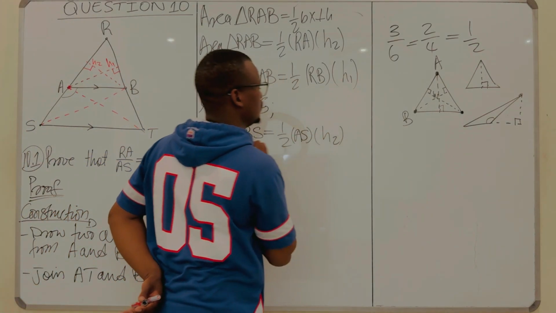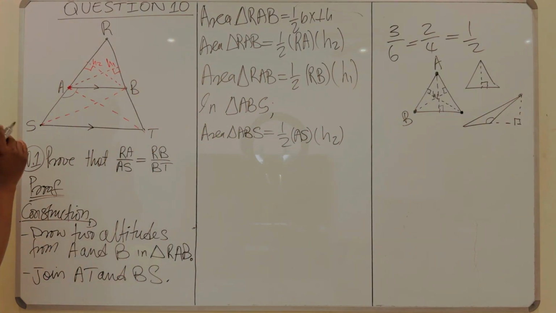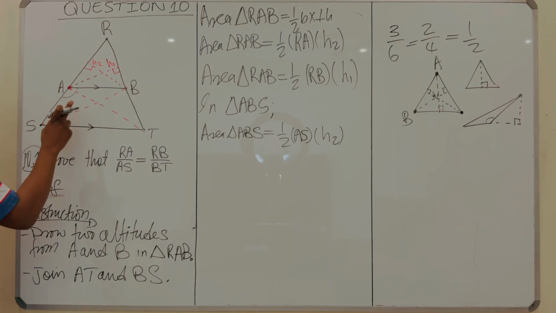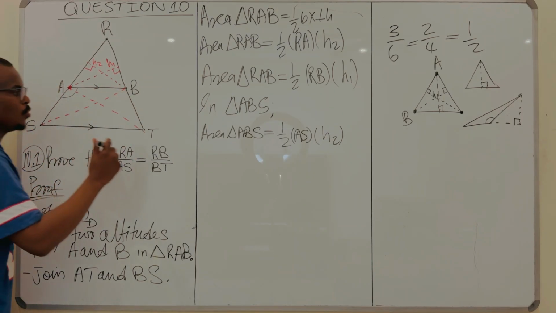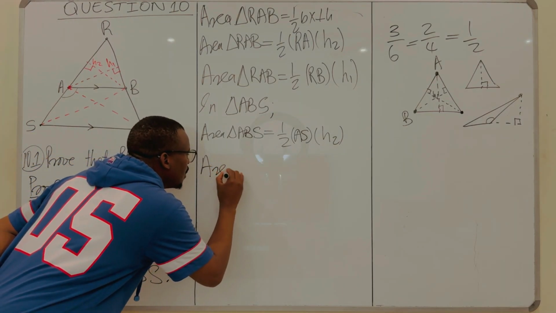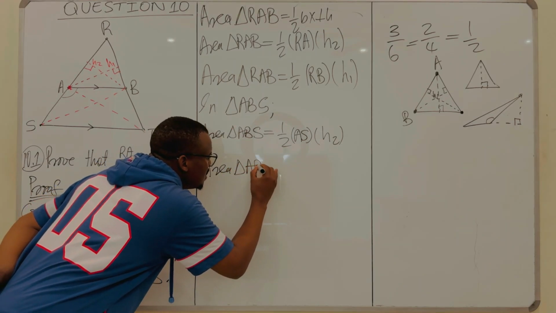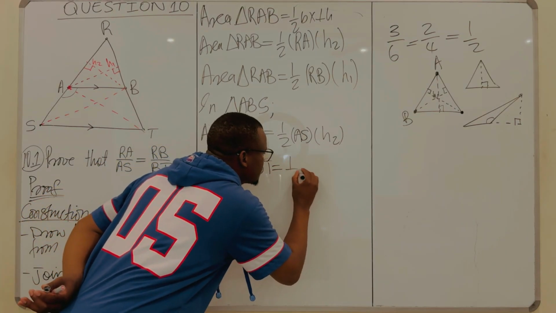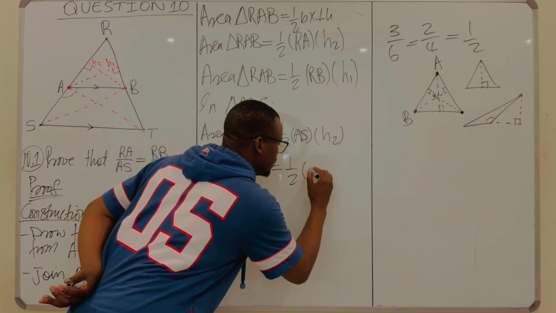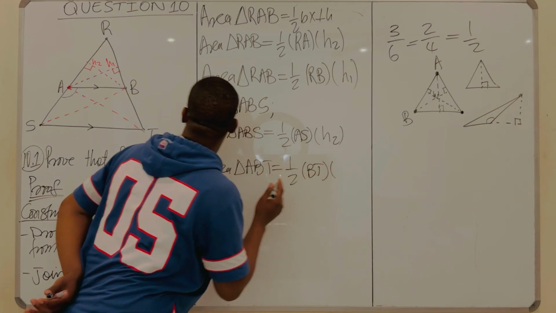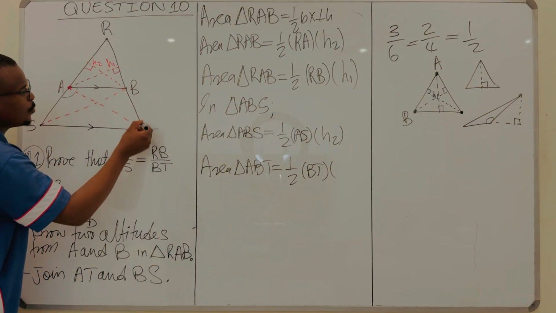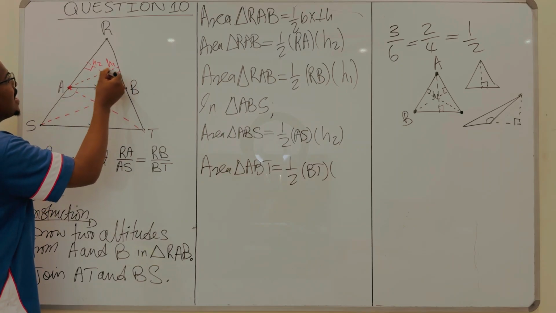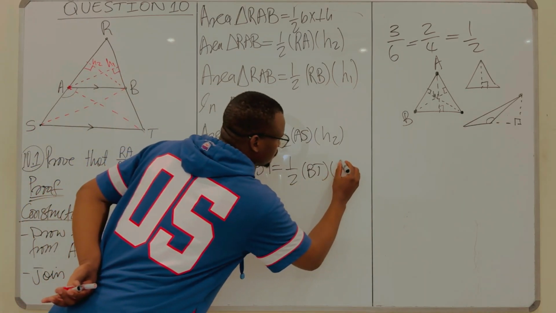Right? No problem. We can also find the area of triangle ABT. So you can say now the area of triangle ABT is equal to half base, which is your BT, times the perpendicular height. If your BT is your base, what is the perpendicular height? The perpendicular height is there, it's H1 over there.